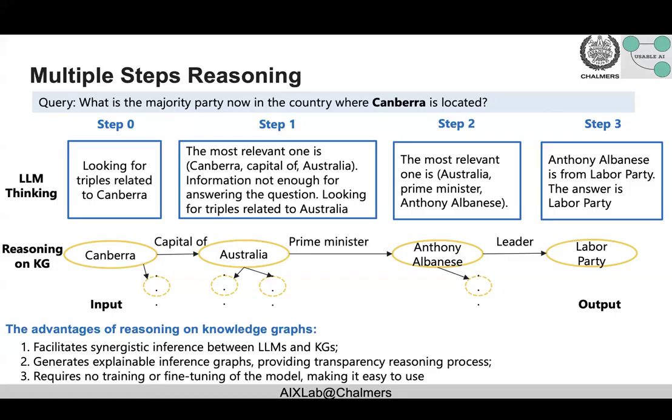So that means you get something which is not completely reliable, but it can be. Yeah. And it's at least explainable, so they can refer back to the knowledge graph. Yes.